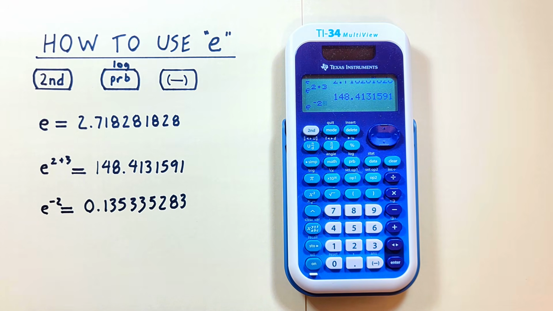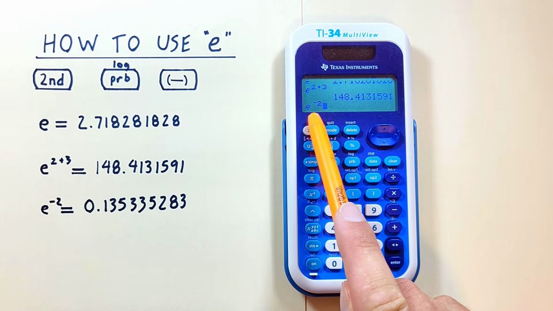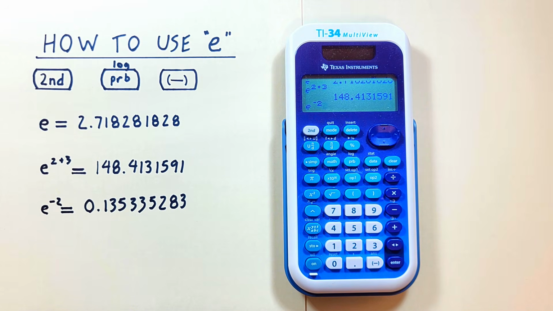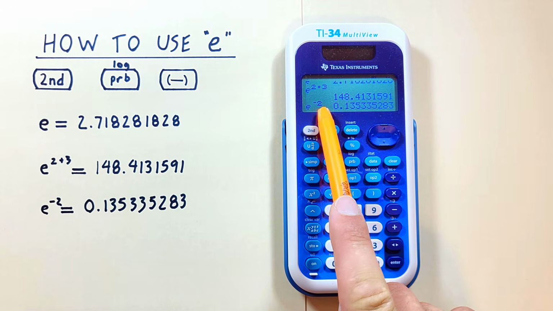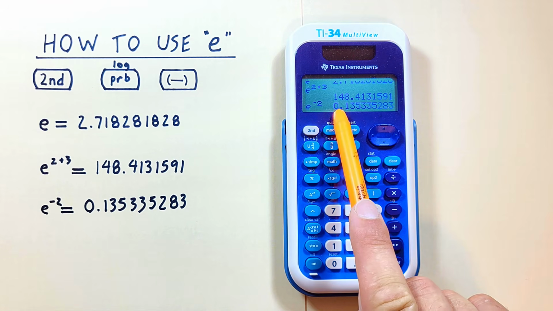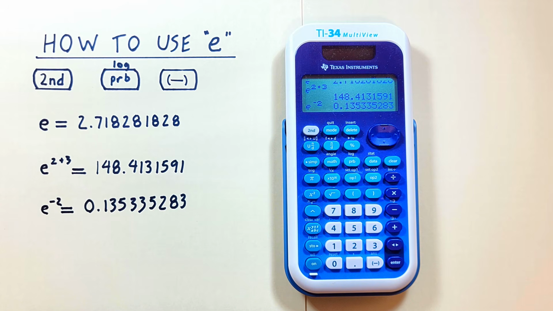And then 2. And then we'll move our cursor out of the exponent box down to the main line, because that's just good practice, and hit enter. And we see we get E to the power of negative 2 is equal to 0.13533, etc., which is correct.